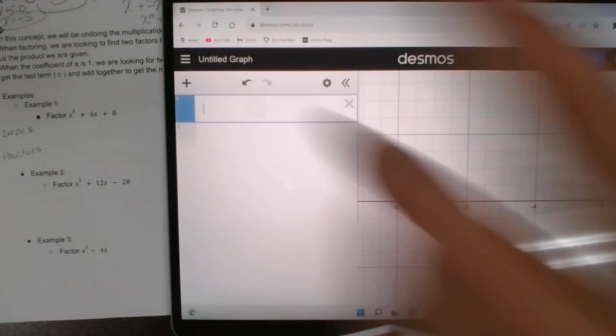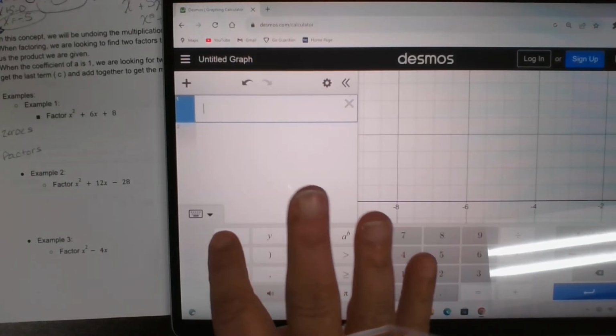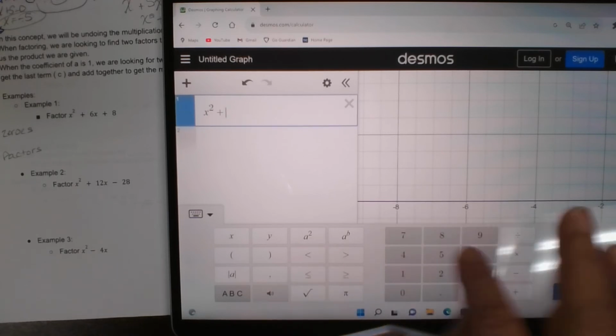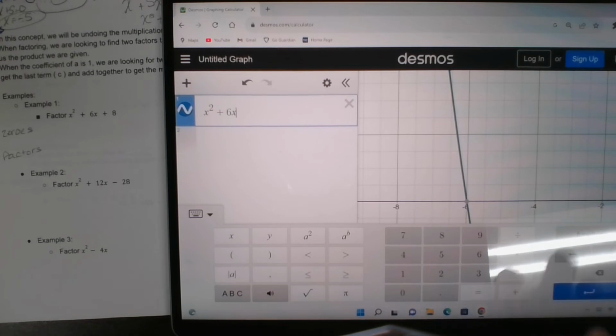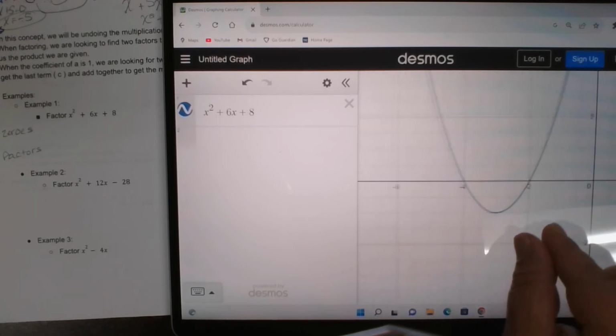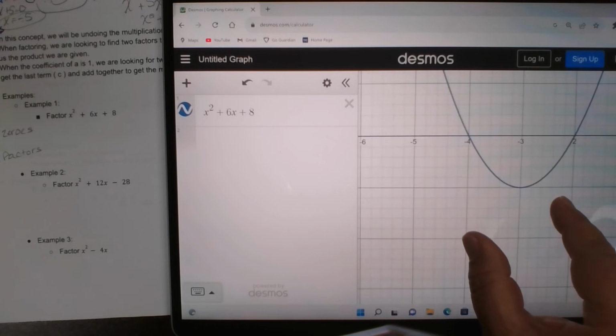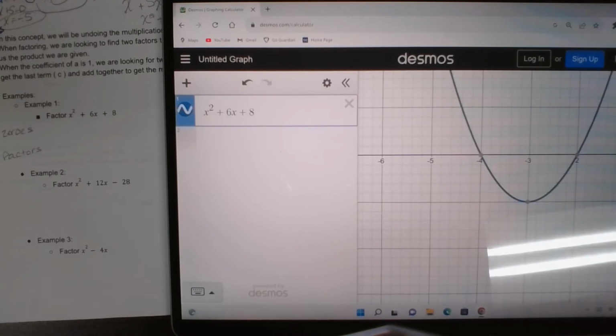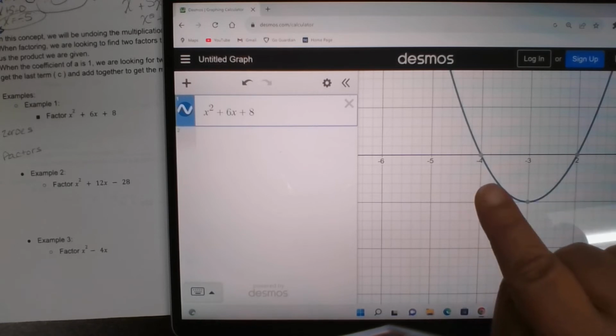Okay, so if I put this in here as x squared plus 6x plus 8, there's my graph, my parabola. Now, I can zoom in and out here, but what I'm looking for are these 2 points where it crosses the x-axis.